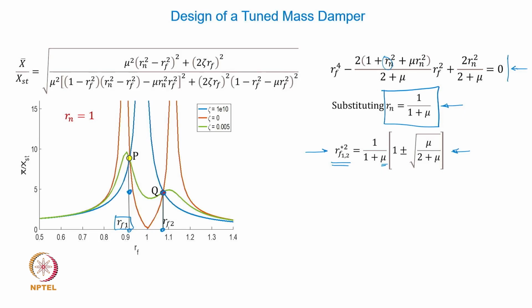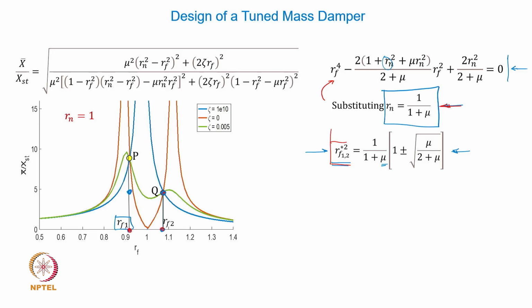Okay, now if you choose the value of natural frequency ratio tuned following this expression and use it in the expression for the force frequency ratio obtained from this expression, then you will have an expression for the force frequencies which are corresponding to these 2 points xp and xq.